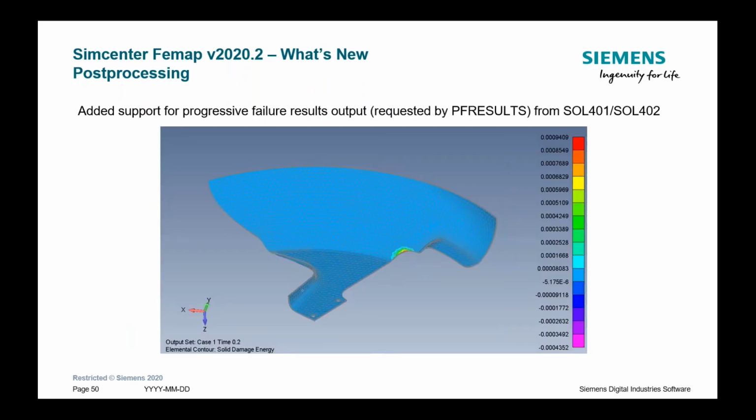Another thing we did was the PF results, which is progressive ply failure. This is in solutions 401 and 402. Essentially, you specify a MATDMG, material damage entry in Nastran.